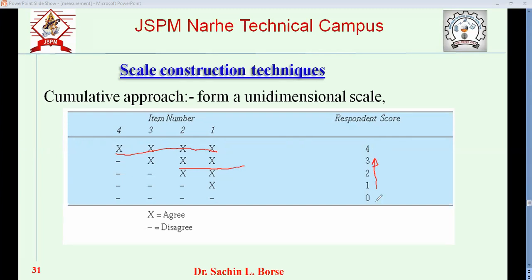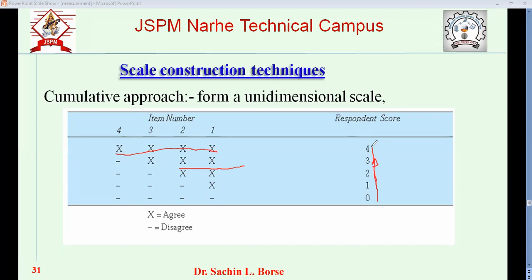The first response, all are 0, so it is the 0 score. Then only the first response is correct, then the second response, then 3, 2, 1 are correct, and response number 4, 3, 2, 1 are correct. So it is called a unidimensional scale.